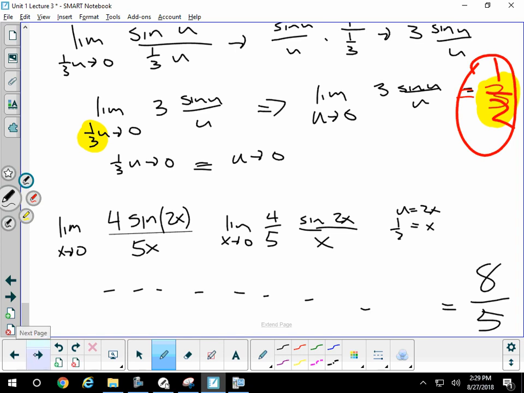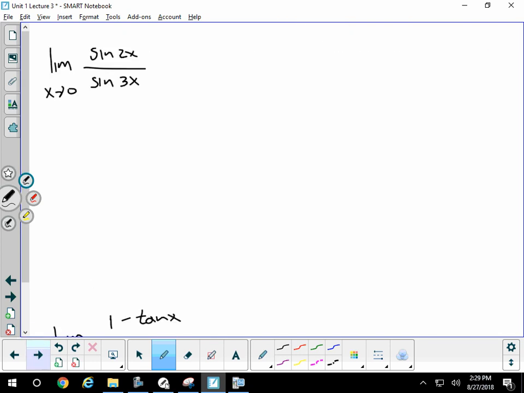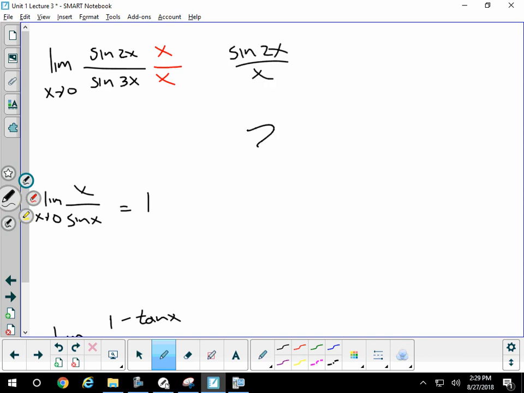Why do you have to know the u substitution process? Because you'll see it in the future. You'll see this one on your homework. If you do your homework, this one involves multiplying the top and bottom by x over x. And it also involves the fact that x over sine x is equal to 1. When I multiply the top and bottom by x over x, you can split this into sine of 2x over x, which you know is 2.